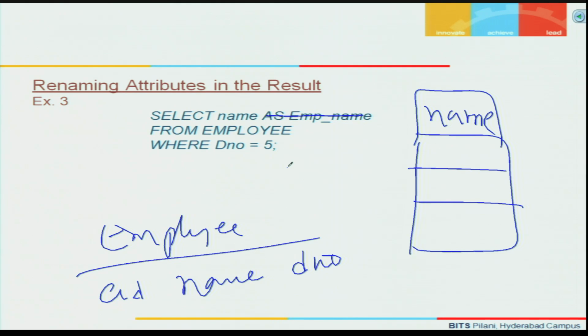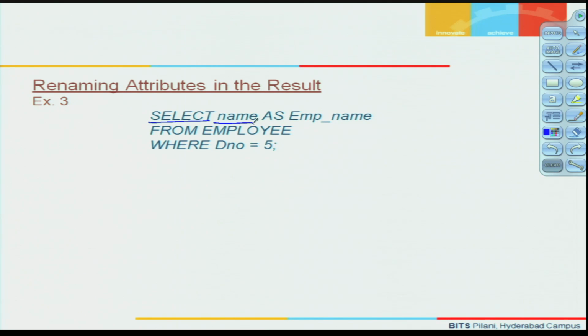But I would like to see it as EMP underscore name. Then how can I do this? Select name of employee table and display it as EMP underscore name, where DNO is equal to 5. This is how I can change the title or label of the column in the result.